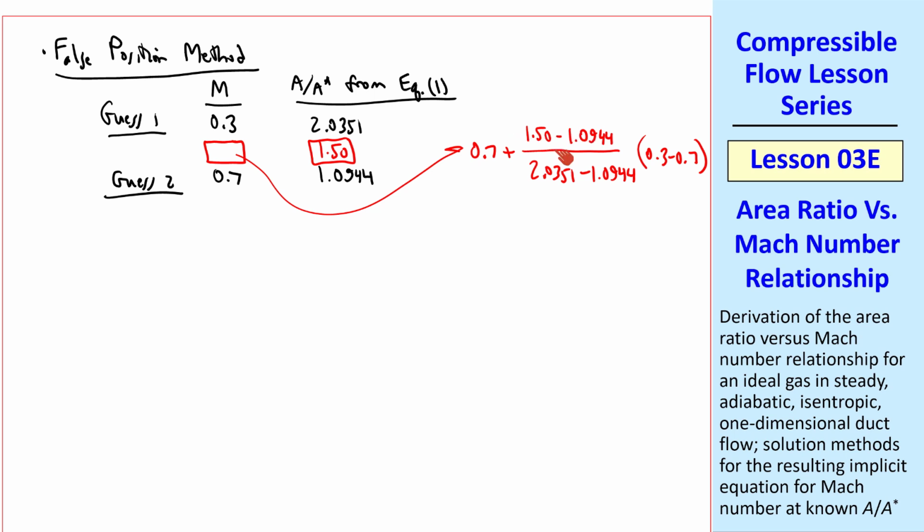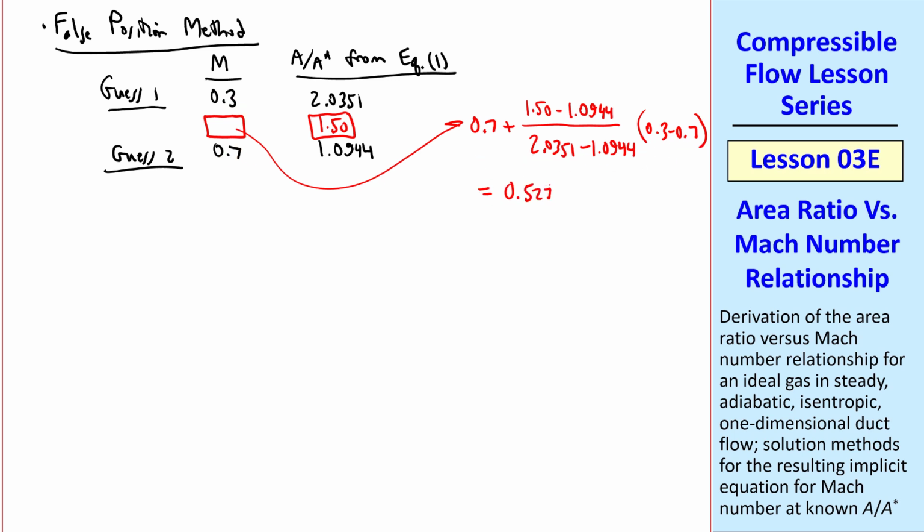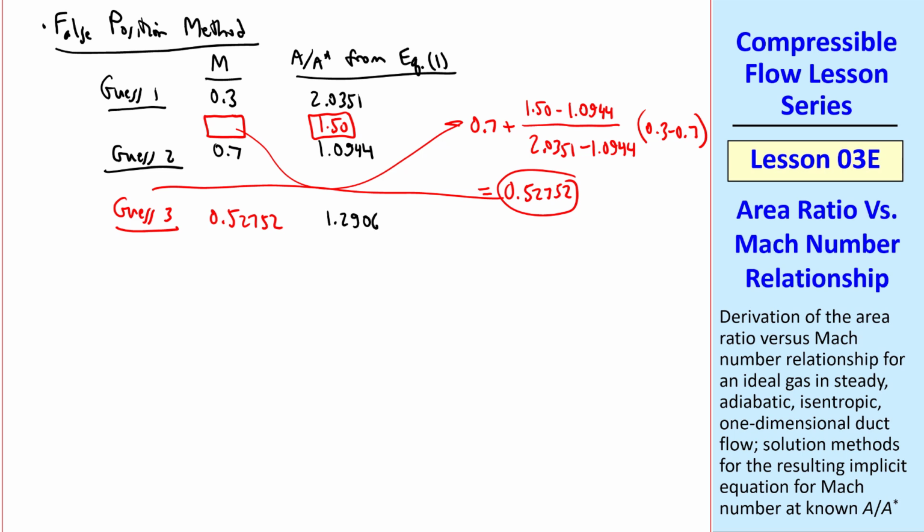And the trick is to always go in the same direction: top to bottom here, top to bottom here, and top to bottom here. This gives me 0.52752, which I now use as my third guess, and my A over A star becomes 1.2906.